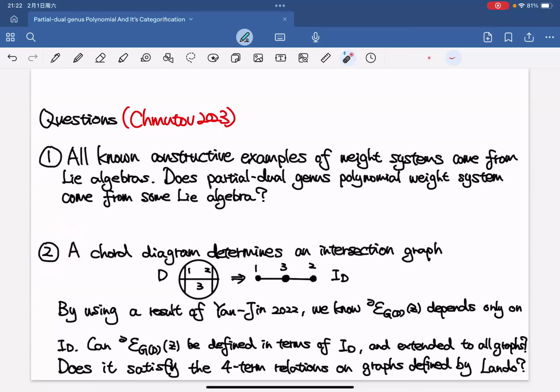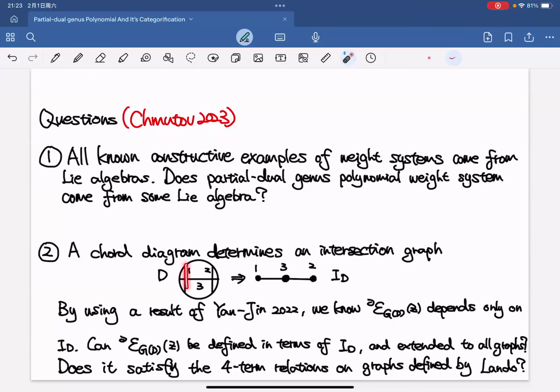Chmutov asked the following question. We know that a chord diagram determines an intersection graph. So I will tell you what the intersection graph is. Each chord corresponds to a vertex, and if two chords have an intersection point, then we add an edge between the two vertices.